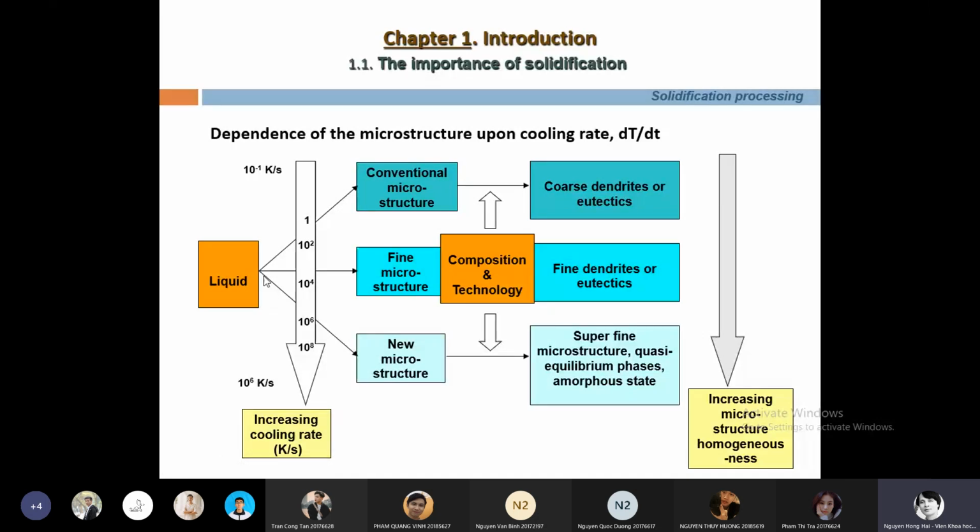So from liquid, after crystallization and solidification, if the cooling rate is very low, about 1 degree per second, we have the conventional microstructure, and we have the coarse dendrite or cellular.